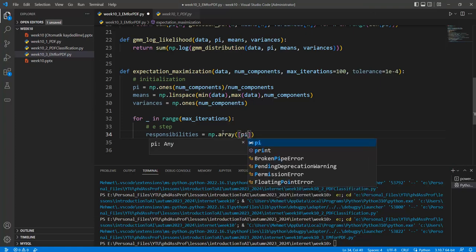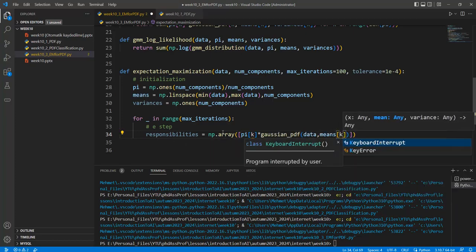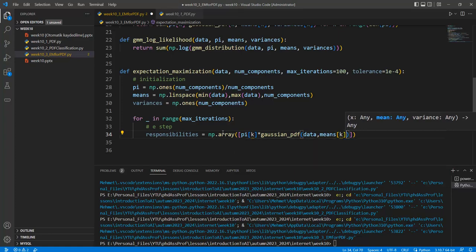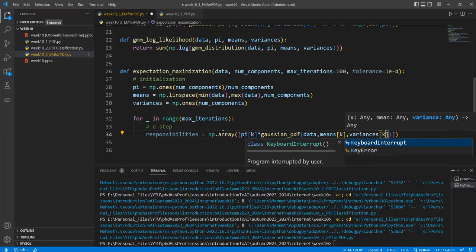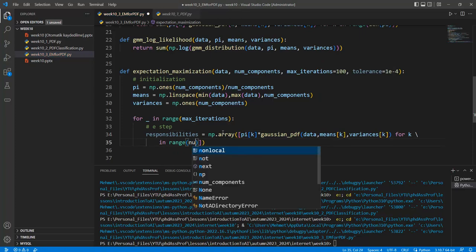Okay? And so, np.array can be given with what? By definition, pi k times Gaussian PDF with terms of data and means k, and variance k, right? Variance k, and for k in num components.